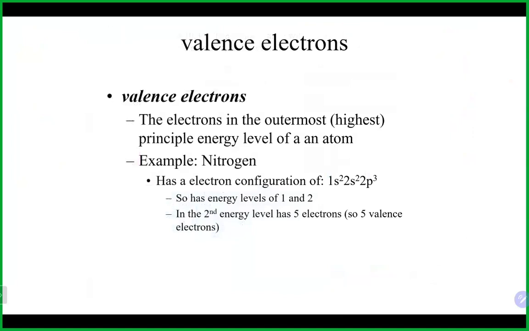You could write the electron configuration like we see here for nitrogen. These are the highest energy electrons on the second energy level, and there are 5 of them, by just counting up the electrons from the electron configuration.